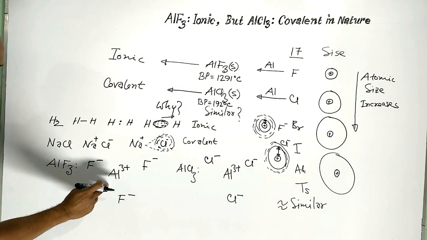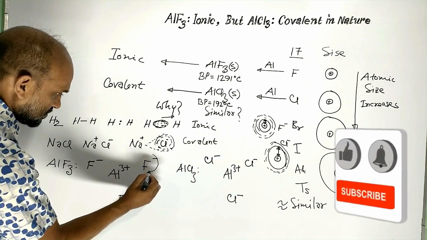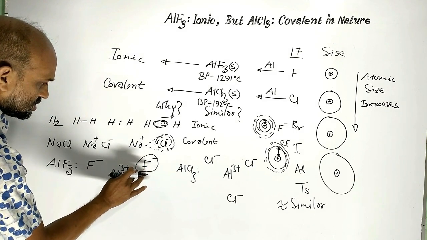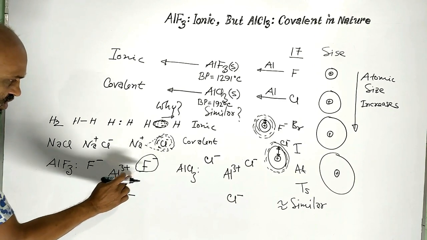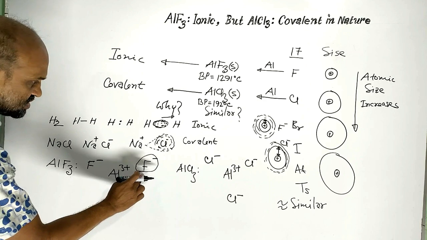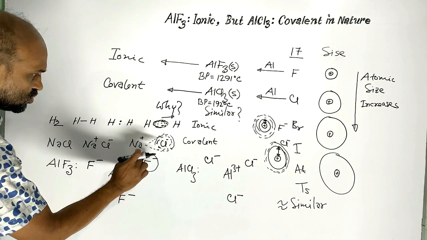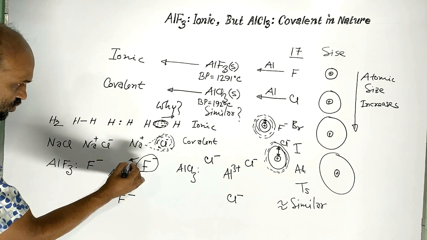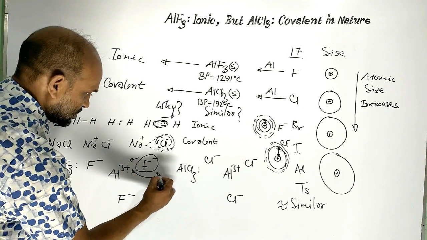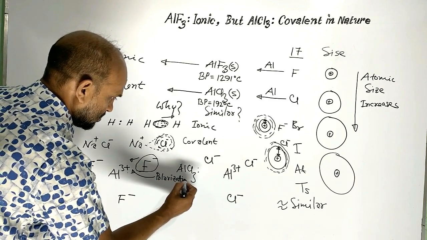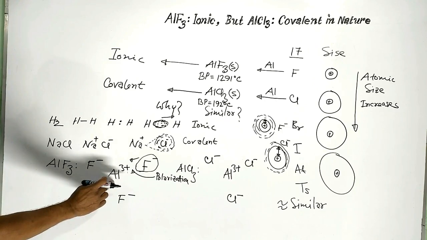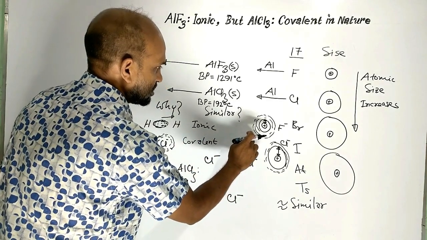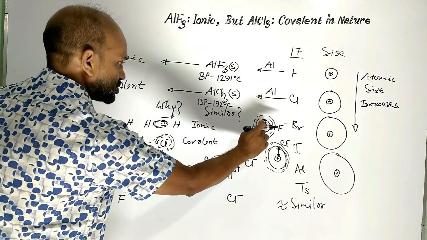So, in case of aluminum fluoride, less polarization occurs. What is polarization? Polarization is the distortion or movement of the electron cloud of an ion due to the attraction of a cation. In case of aluminum fluoride, less polarization occurs because the fluoride ion holds its electron cloud strongly due to this less distance.